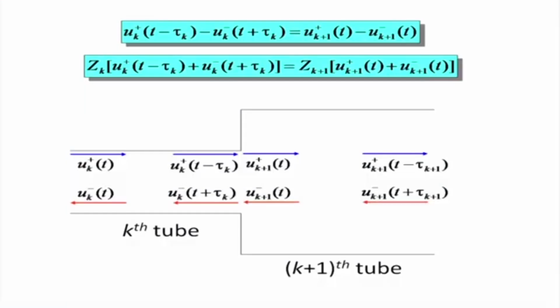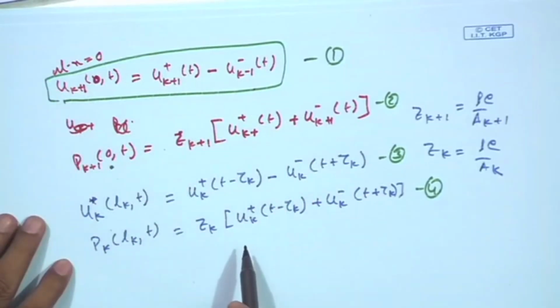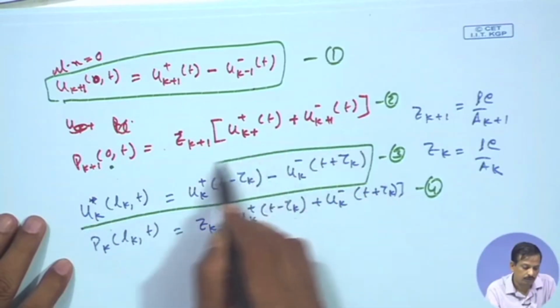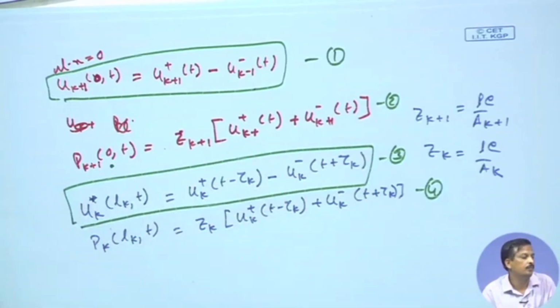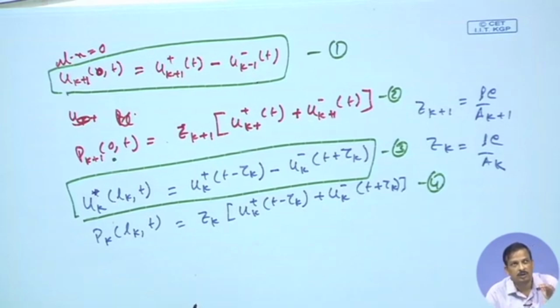Okay. Now, if I say this one is equal to this one, okay or not? The volume velocity which will input to the second tube is nothing but the volume velocity which is exited from the first tube. So, the volume velocity which is exited from the kth tube will be the volume velocity which is the input of the k plus 1 tube.